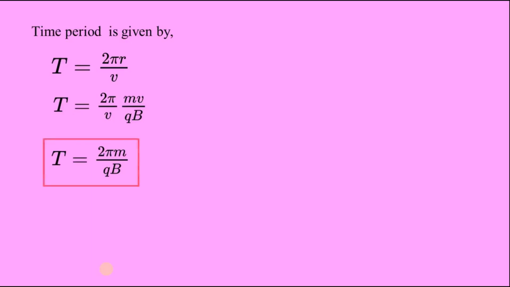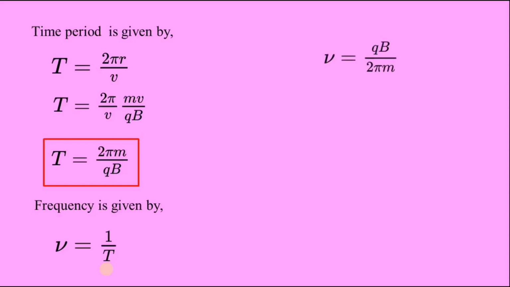The number of circular motions made by the charge in one second is the frequency nu, equal to 1 by T, where T is the time period. So nu is equal to qB by 2 pi m.